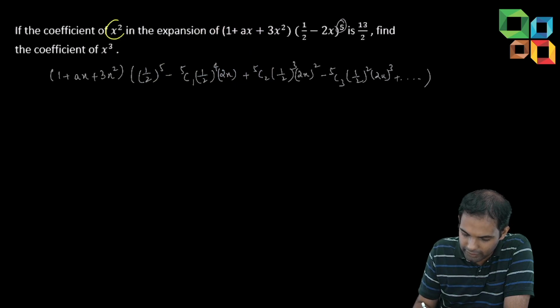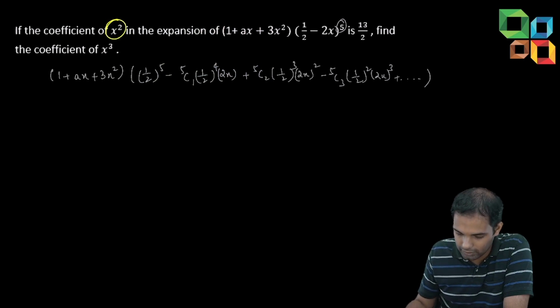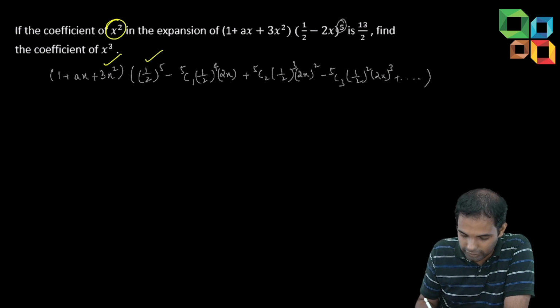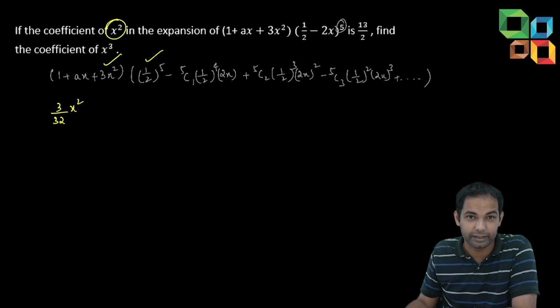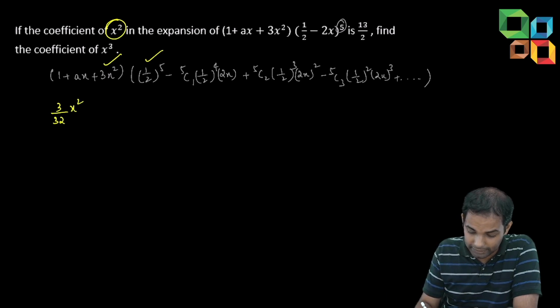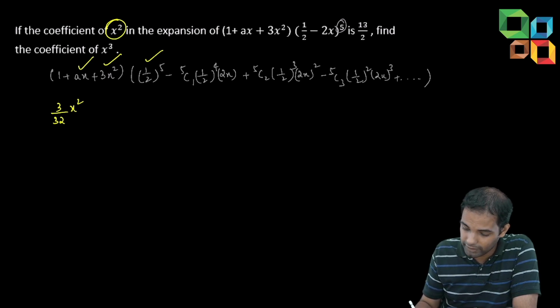to try to find the coefficient of x square. So one of the possibilities, this into this, right? Let me write it down. So it is 3 by 2 or 5, can I write it 32? Yeah, 3 by 32 x square. That is one possibility which is taken care of. Second possibility, this term into x term.